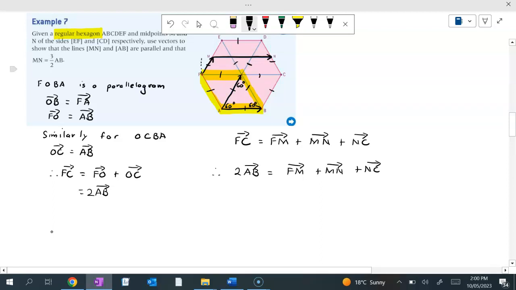Now, if you need justification that they're in the same direction, the angle here is 120 degrees, so the angle in here is 30 degrees. It's 30 degrees on the outer edges.